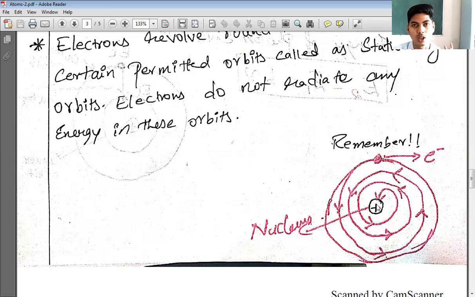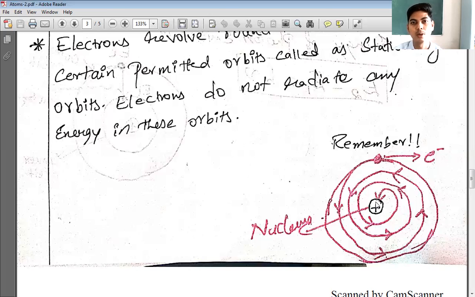Rutherford had said electrons can revolve in all possible orbits. If the electron revolves in all possible orbits, it must continuously radiate energy, follow a spiral path and eventually fall into the nucleus, and that means the destruction of atomic structure.